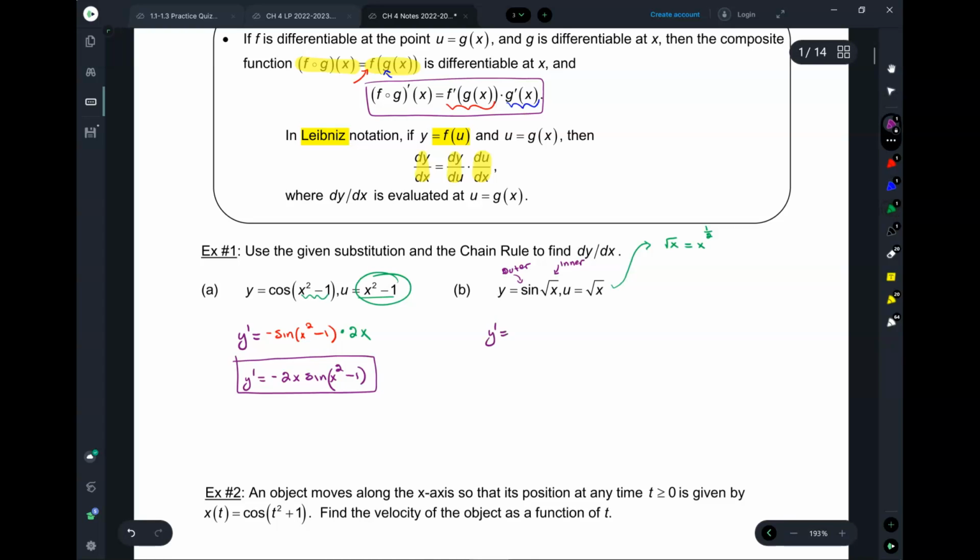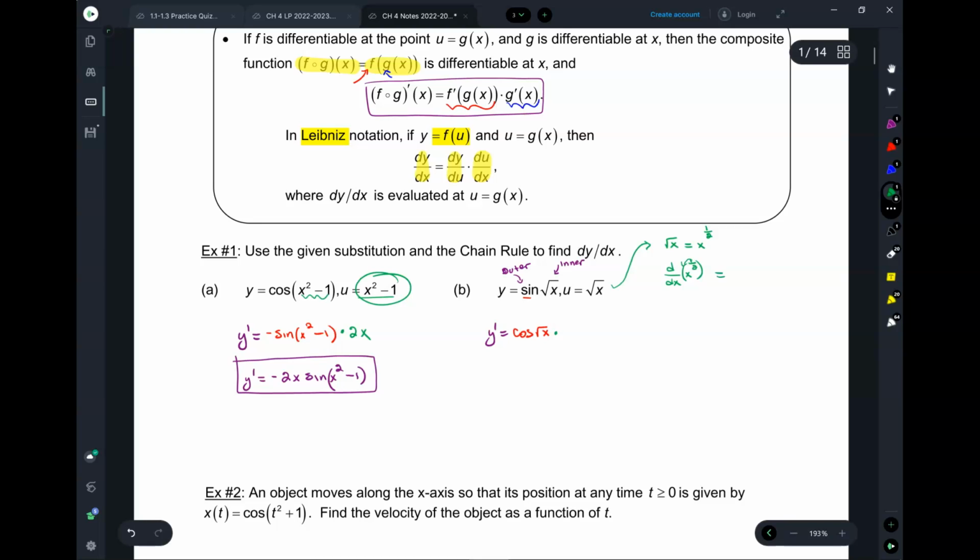Y prime is going to be, okay, the derivative of the outer function sine is cosine of what? Root x. Times, now I need to take a derivative of that u, the inside function. Well, I wrote that as x to the power of 1/2. So let's take a derivative of that. So d dx of x to the power of 1/2, what is that?